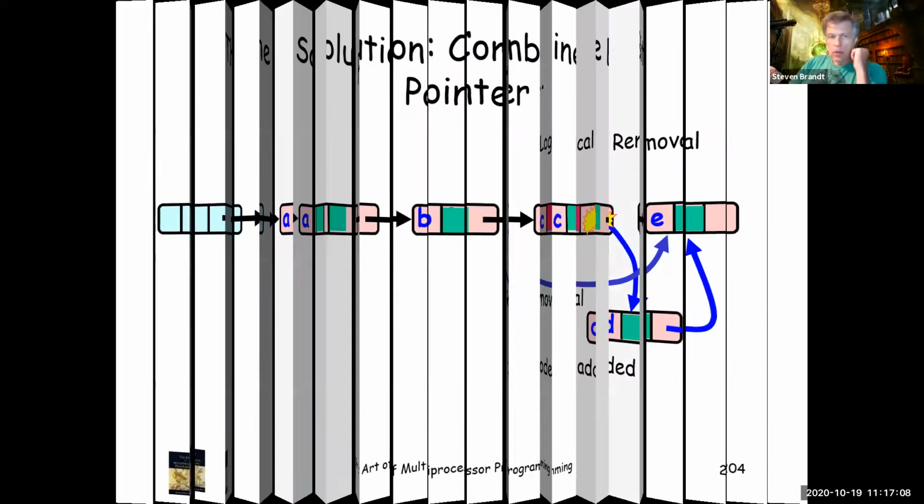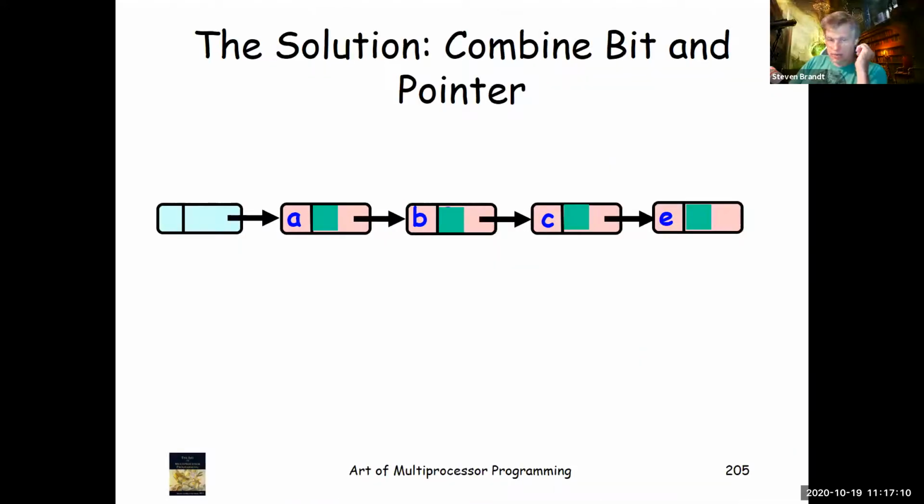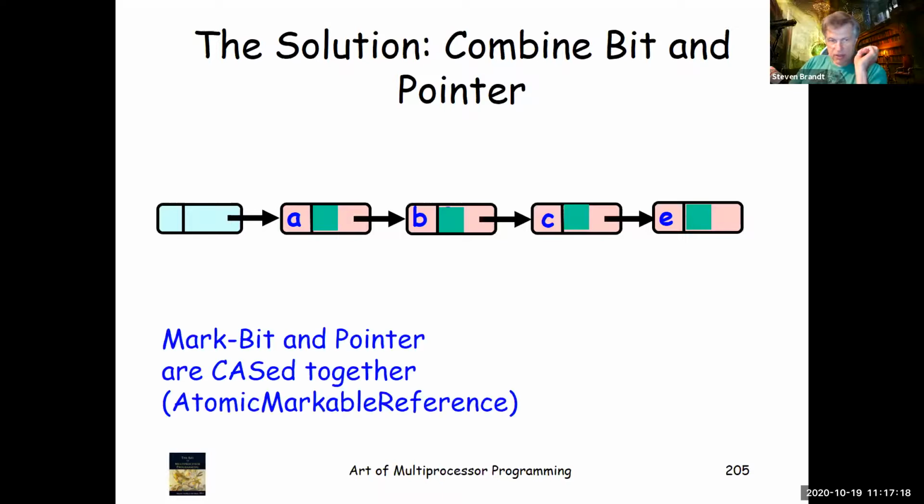All right, so the solution is we're going to combine a bit and a pointer into a single compare and set. Java has a special class for that, an atomic markable reference. The mark bit and the pointer are going to be compared and set together. So we have a logical removal set mark bit.